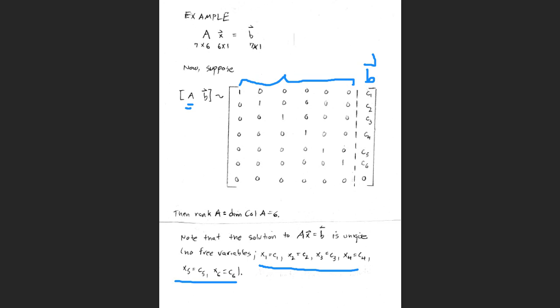How many find this example helpful? It's a supporting example of a non-homogeneous system of 7 equations and 6 unknowns that does have a unique solution. All right, excellent. Mikhail likes that. Cameron likes that.